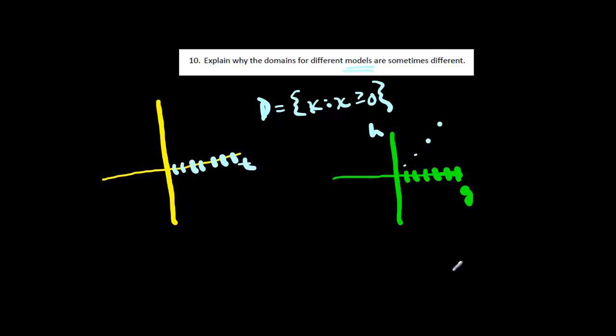Well, that would mean that your domain starts at 6 and goes up from there. So 6th grade, 7th, 8th, 9th, 10th grade, so on and so forth. So for that specific situation, your domain would be x is greater than or equal to 6.